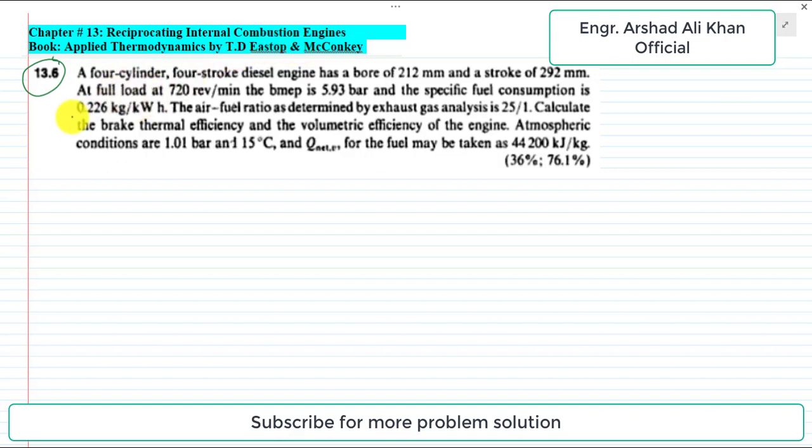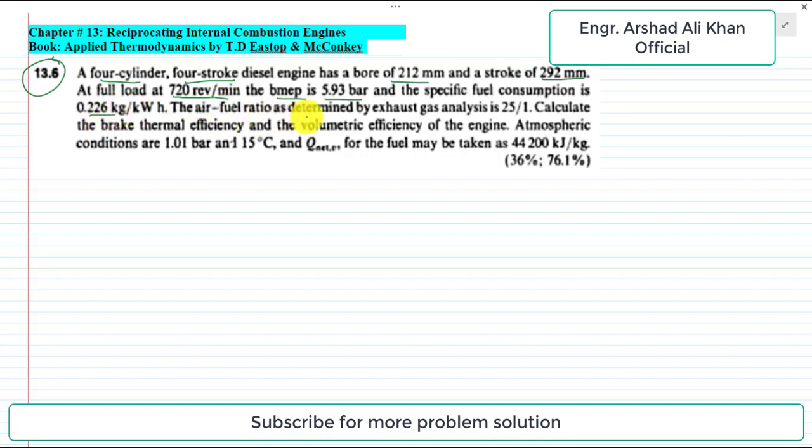The statement of problem 13.6 is: A 4-cylinder 4-stroke diesel engine has a bore of 212 mm and a stroke of 292 mm. At full load at 720 revolutions per minute, the brake mean effective pressure is 5.93 bar and the specific fuel consumption is 0.226 kg per kilowatt hour.